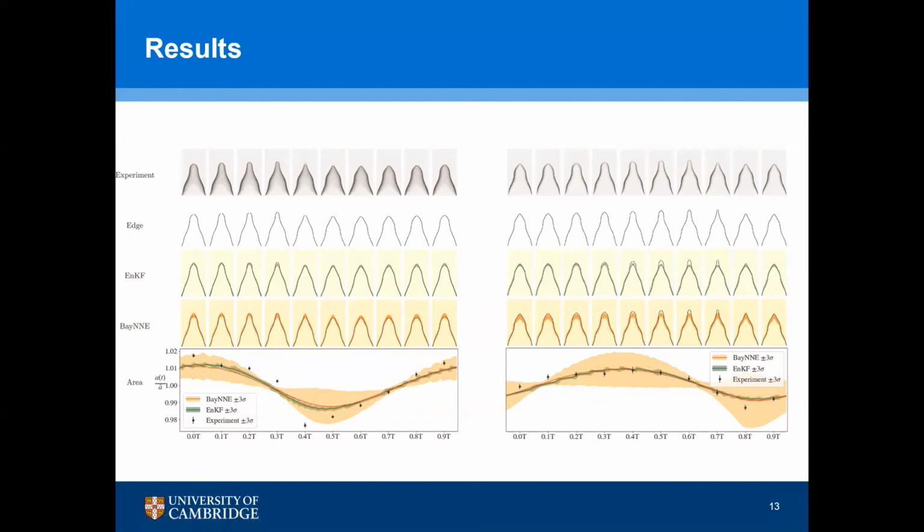And this is in part due to the fact that the Bayesian neural network ensemble only looks at 10 images at once and produces parameter estimates, whereas the Kalman filter will take as much data as is available before converging to parameter estimates.